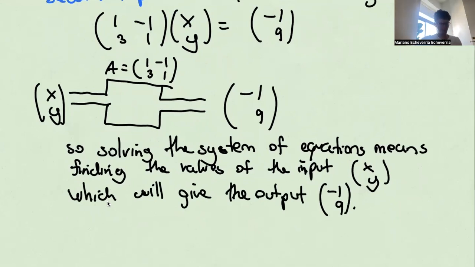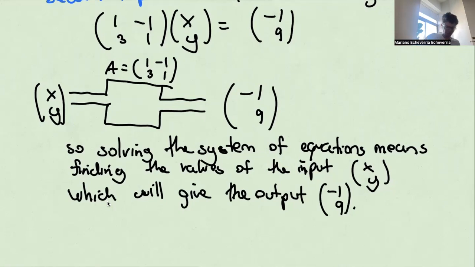Okay. I don't know if you remember, but this is the kind of system of equations we have been doing a lot of the time before. So the solution, I think I have it here. The input had to be (2, 3).